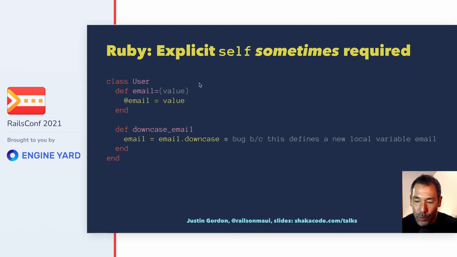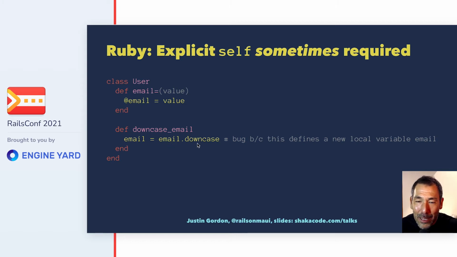I think this has really confused a lot of Ruby on Rails programmers. When you say def email=(value), let's say we have some setter method here. The name of the method is email=, ending with the equals. There we assign the instance variable email to equal a value. Now suppose we wanted to downcase email, with another method. Here we would have email = email.downcase.